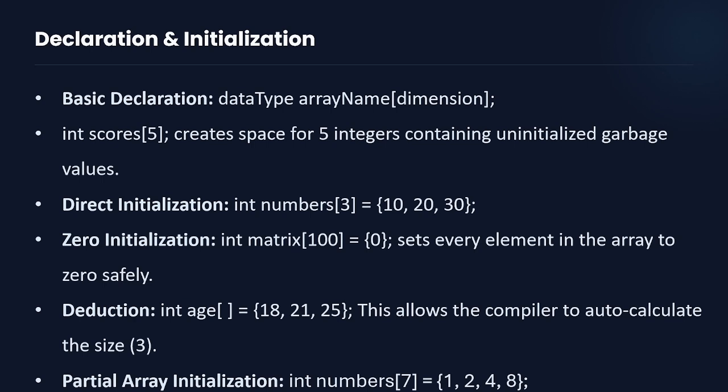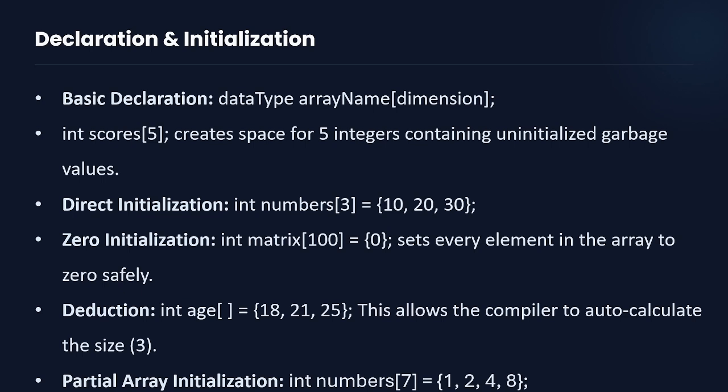And then we are initializing them with the values 10, 20, 30. These are three numbers going into the array where we specify the size as 3. Then you also have to take note of the curly braces here. This is when you are populating your array with some sort of items.